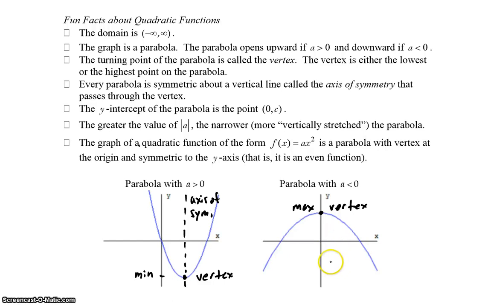So here the axis of symmetry is the y-axis itself.